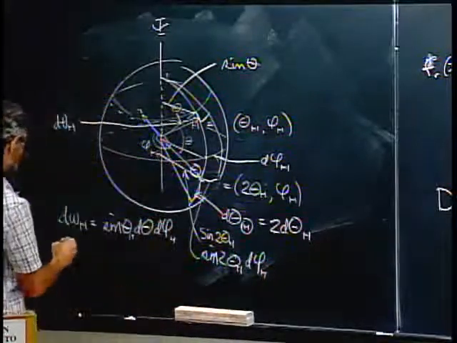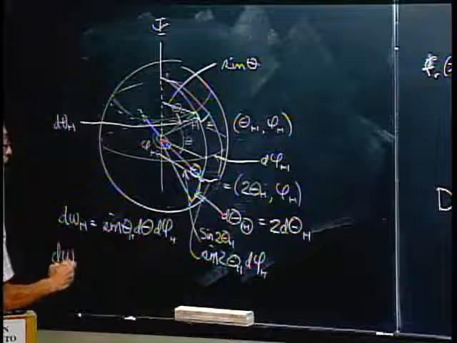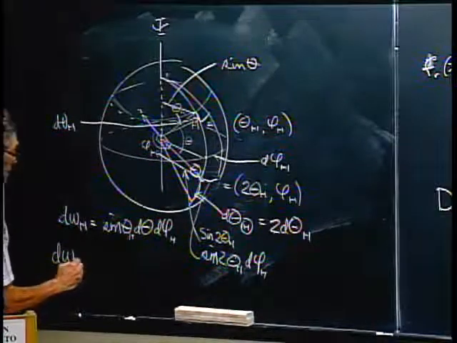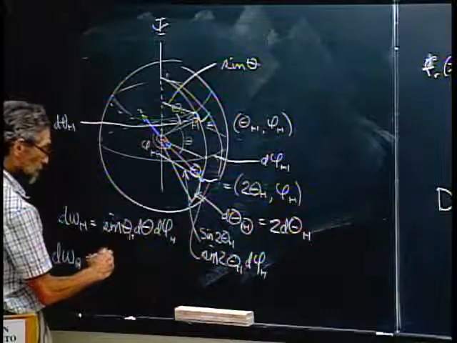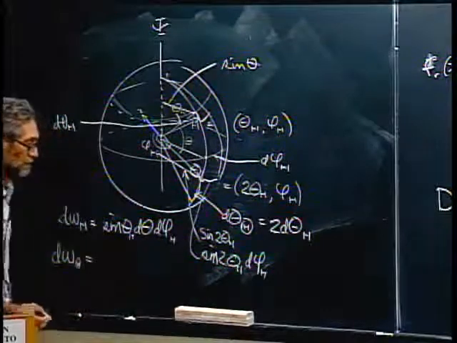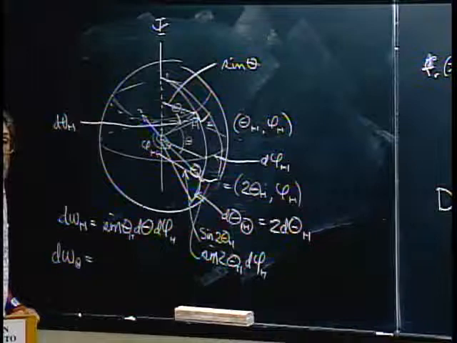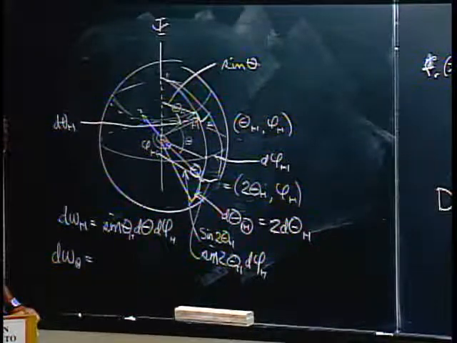So d omega for the out direction is, do you remember how you find sine of twice an angle? Sine 2 theta, do you remember anybody the trig formula for that? It's twice sine theta times cosine theta. Does that sound familiar?